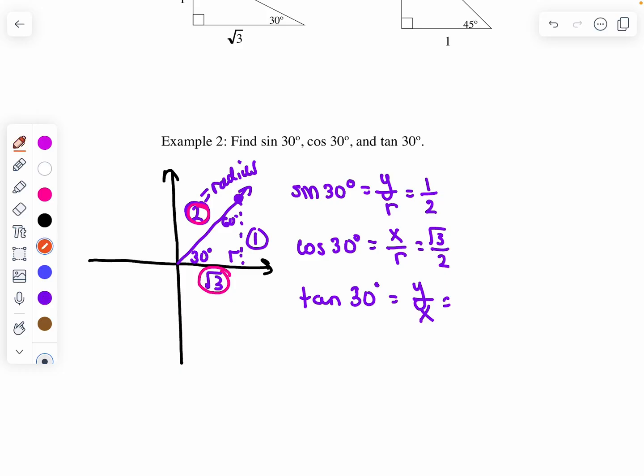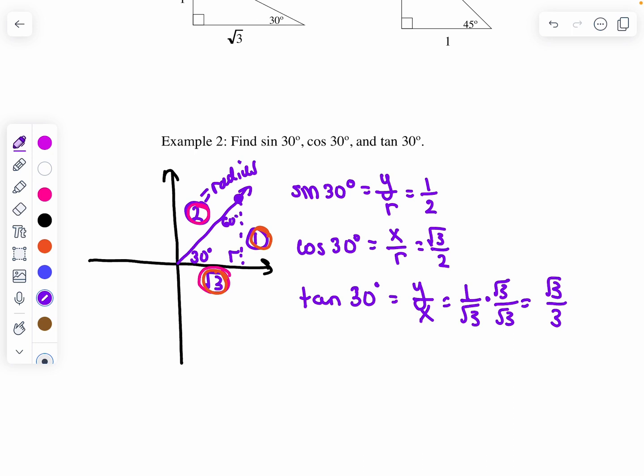So here y is 1, x is root 3. So 1 over root 3, not how we're going to leave our answer because that's not rationalized. Rationalize the denominator, multiply by root 3 over root 3, and you get root 3 over 3 for tangent.